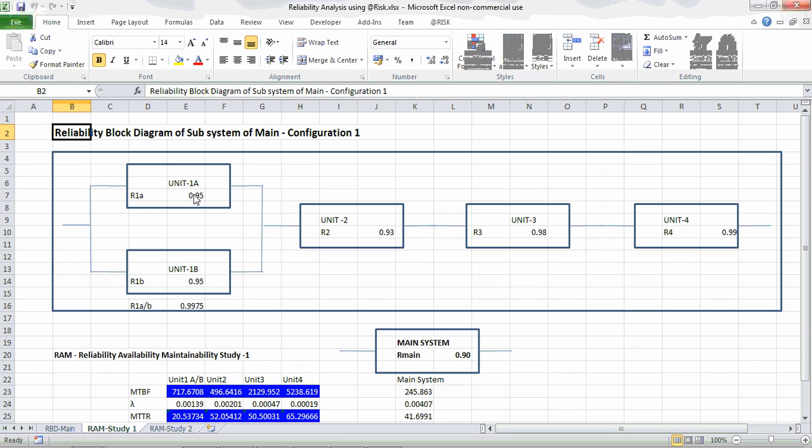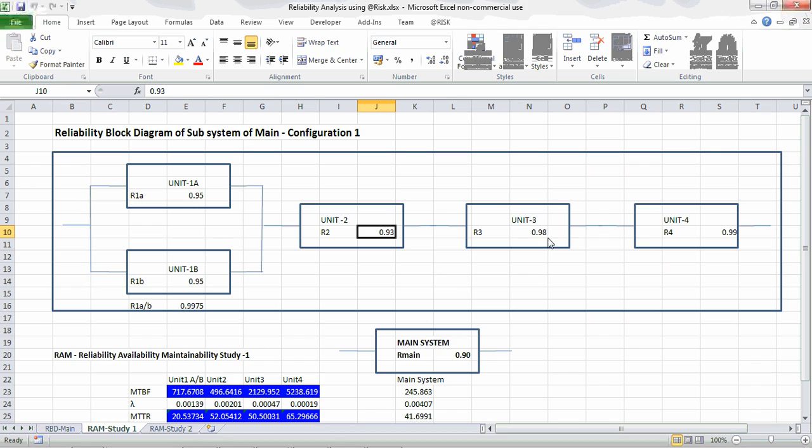These are estimated values. It's 0.95 for unit 1A, 0.95 for unit 1B. Since they are parallel, the resulting reliability is 0.9975. It's calculated using this formula. So reliability of unit 2 is 0.93.